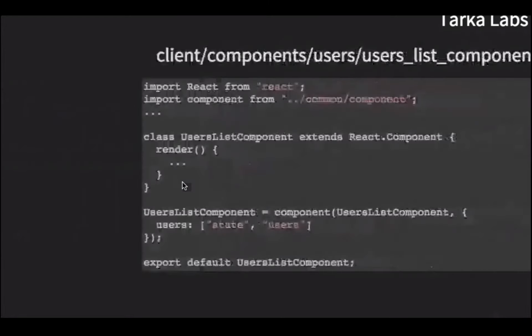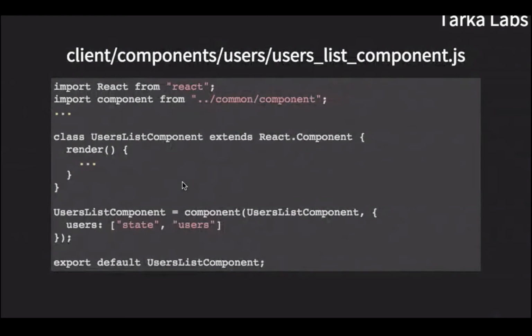Given that we have the state tree, it gets complicated to actually access the data inside the state tree. So what we have done is to write our own component abstraction, which allows us to access the state tree.